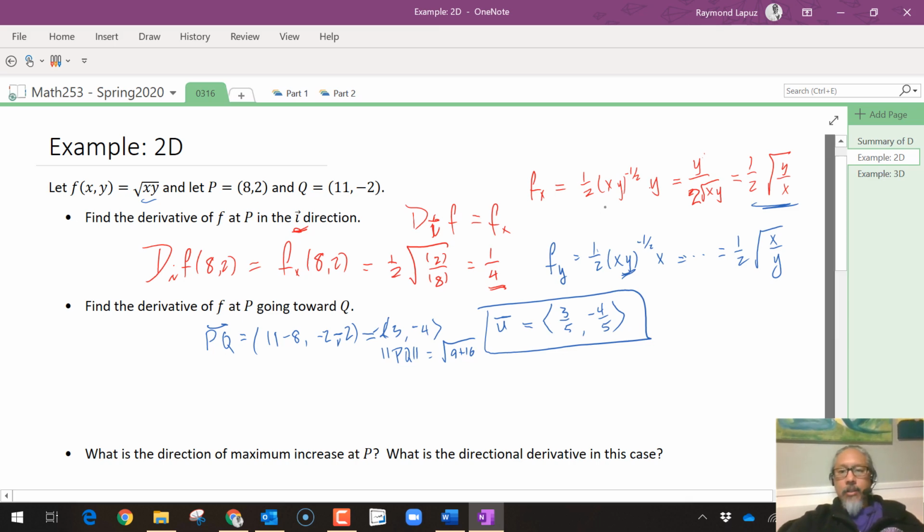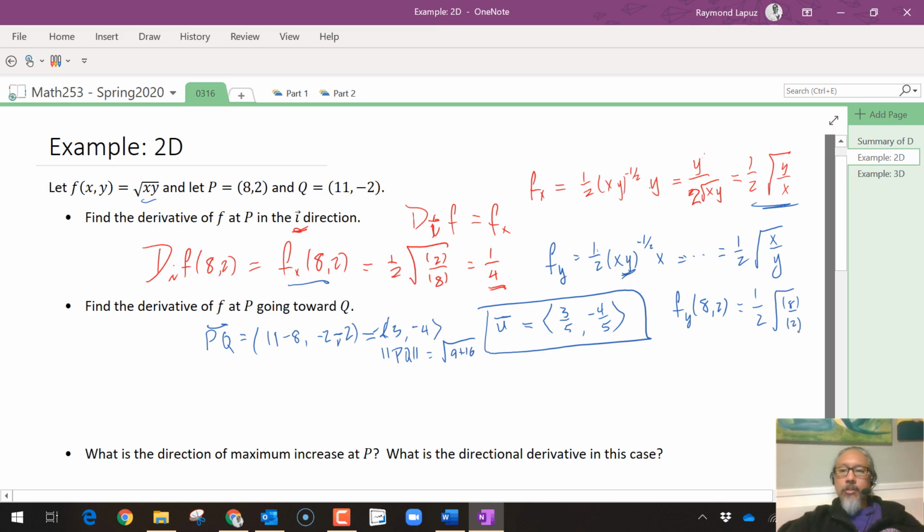Now we need to evaluate the gradient, meaning we need to evaluate the partial derivatives at (8, 2). We already did the derivative with respect to x evaluated at (8, 2). So let's take the derivative with respect to y evaluated at (8, 2). That's a 1/2, and then x is 8 and y is 2.